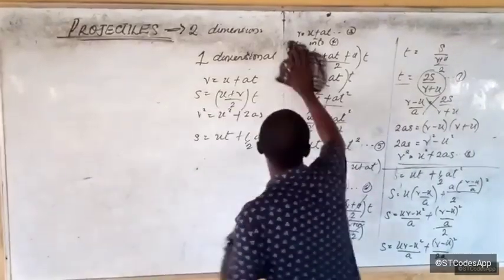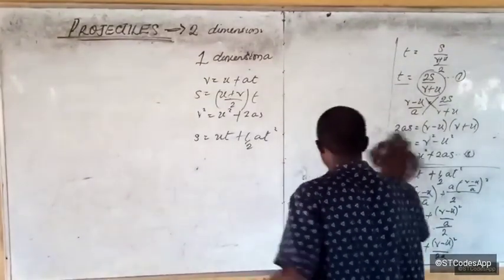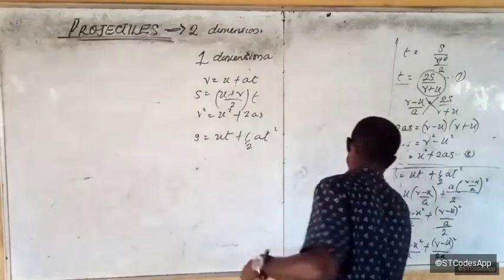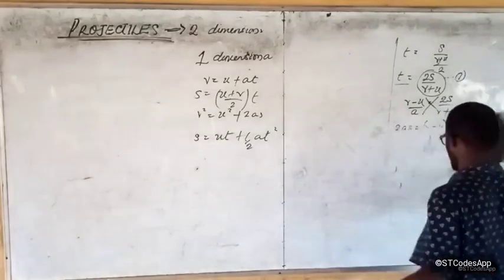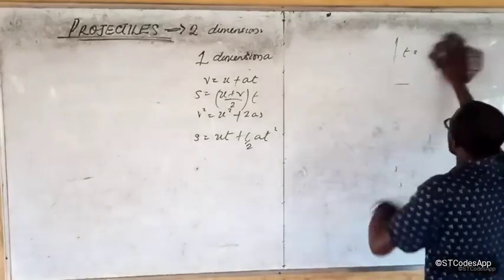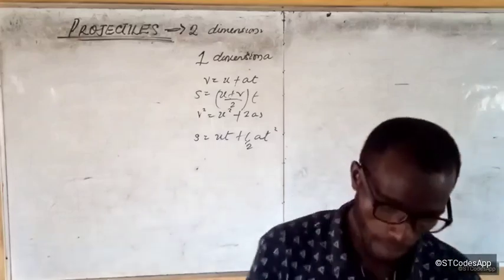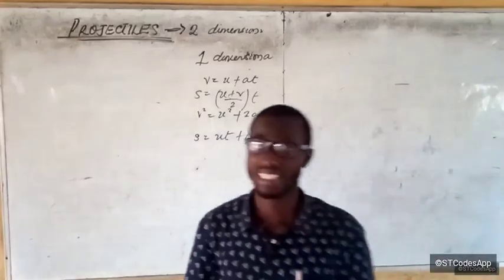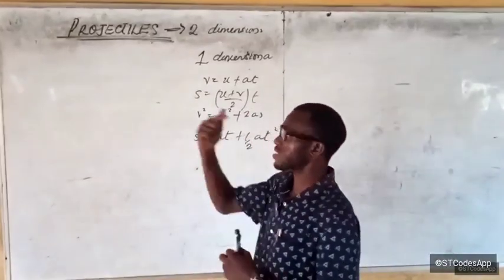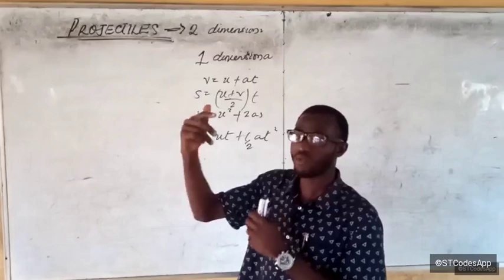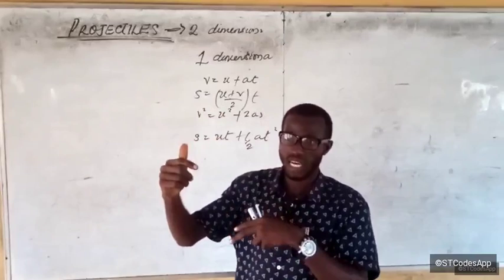A projectile is a body that is made to move in a two-dimensional space, which are the vertical and the horizontal planes at the same time. So a body projected in space to move in two dimensions, in two planes.